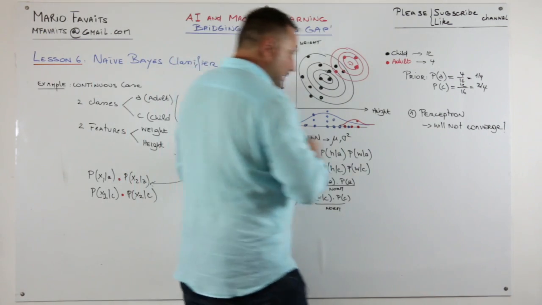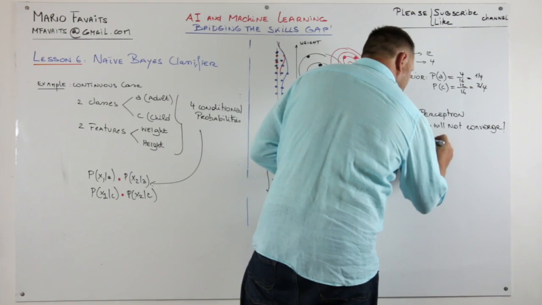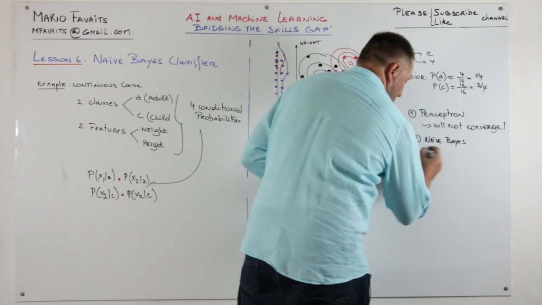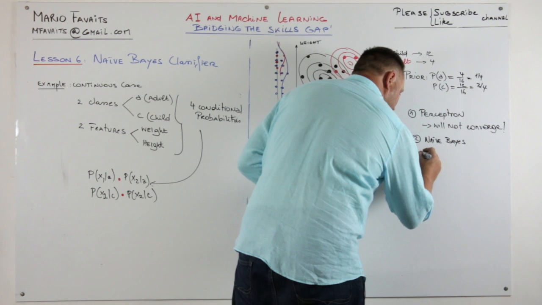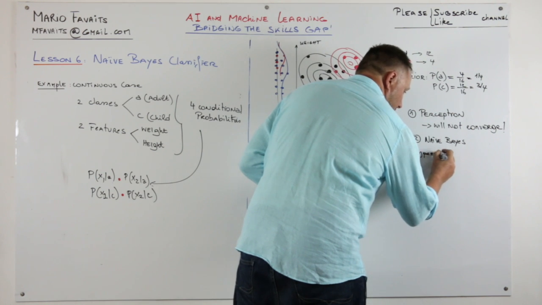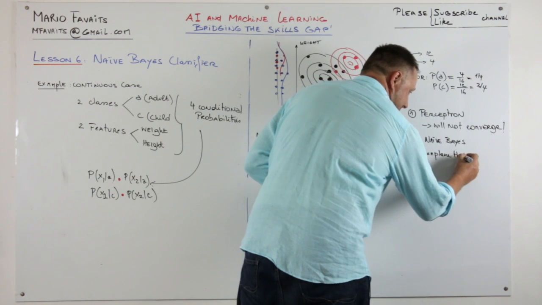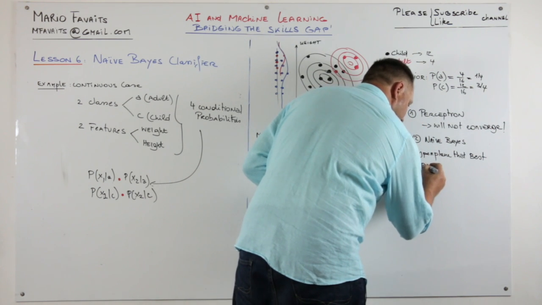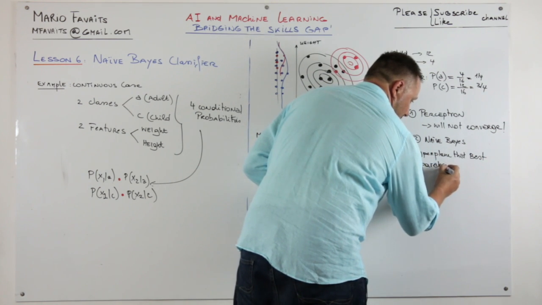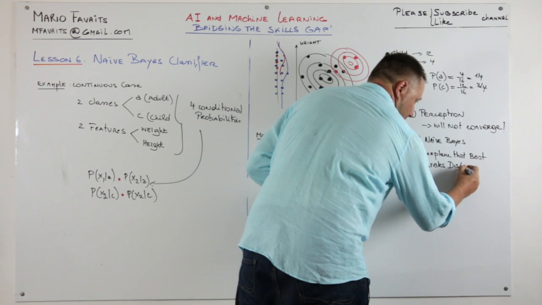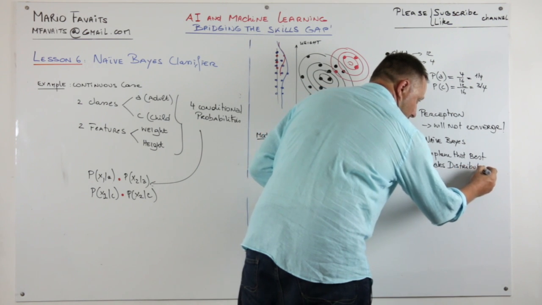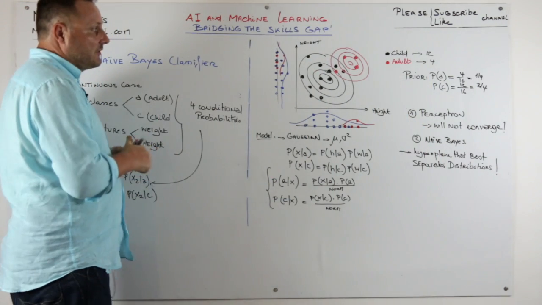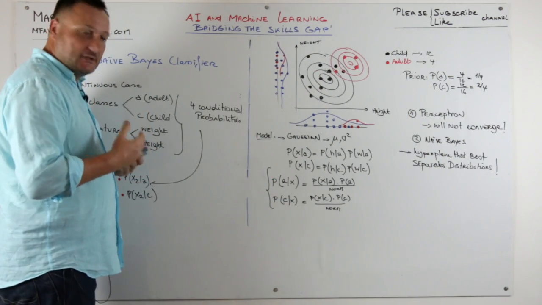So in naive Bayes, you will find a hyperplane that best separates distributions. Okay, so this is the most important conclusion.